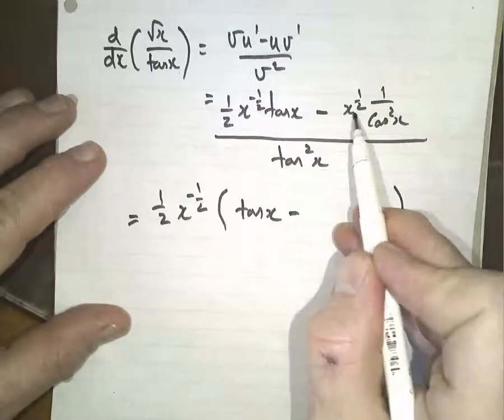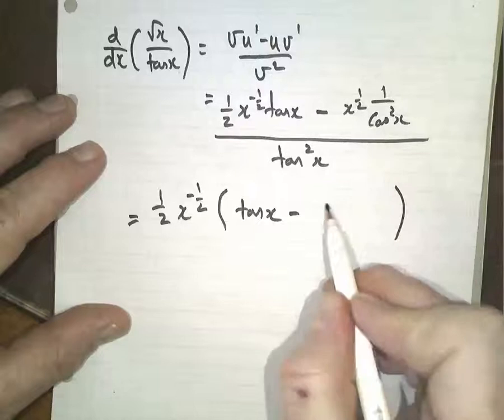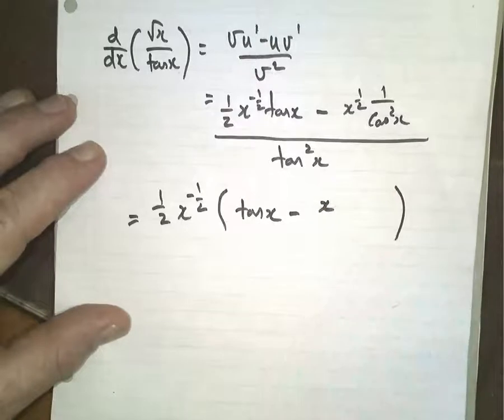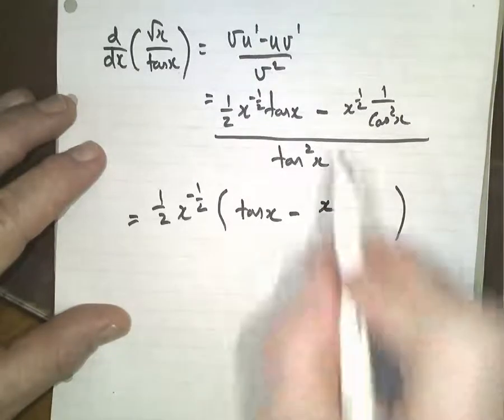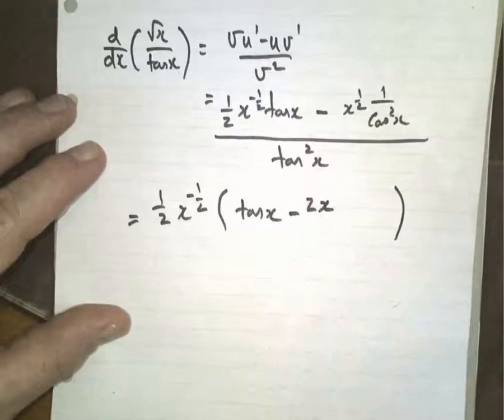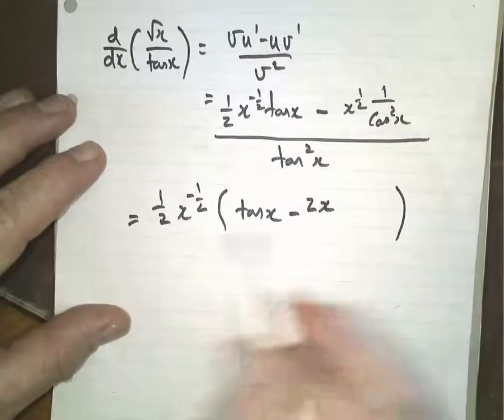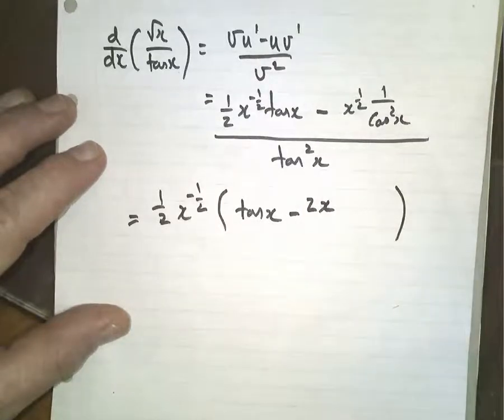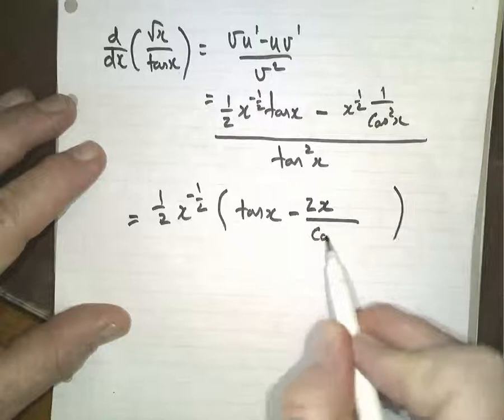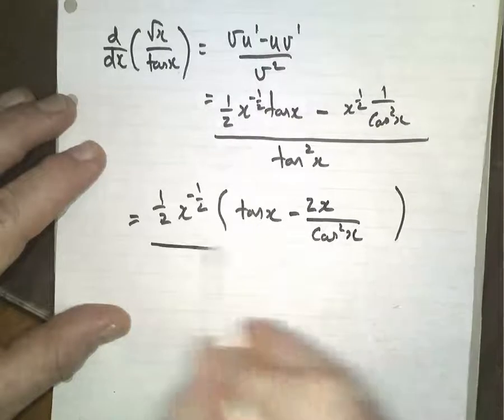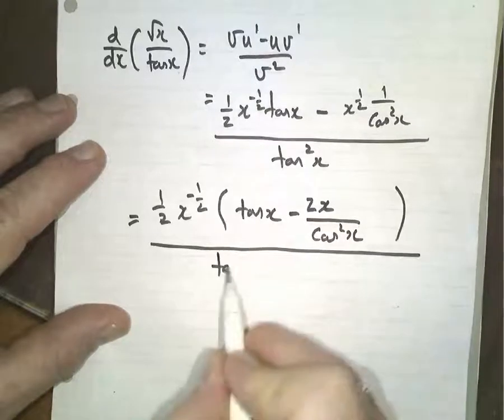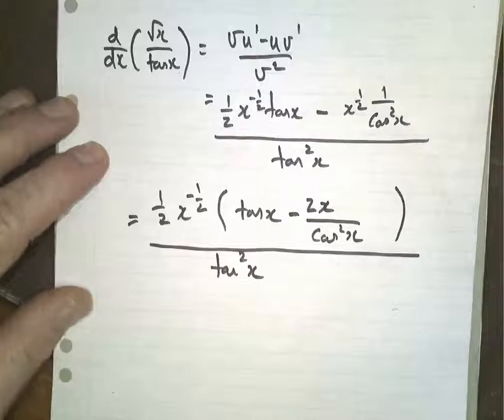Minus x to the negative 1/2 went out, so that leaves an x. The half went out, so that means I have a 2 inside there, because a half times 2 gives 1. And that's going to be over cos squared of x, and all of that is over tan squared of x.